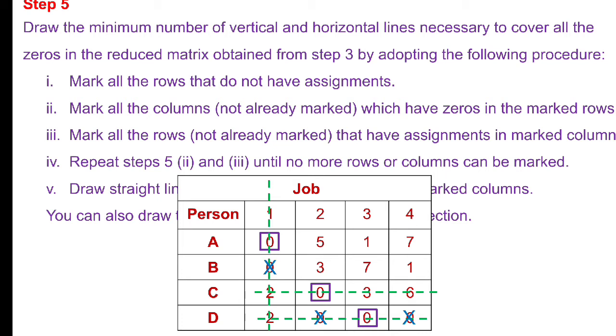It is not possible to minimize further. Since there are 4 rows and 4 columns, the matrix order is 4 by 4, so 4 lines should be there. But here only 3 lines are possible. Now we need to work again toward an optimal solution.